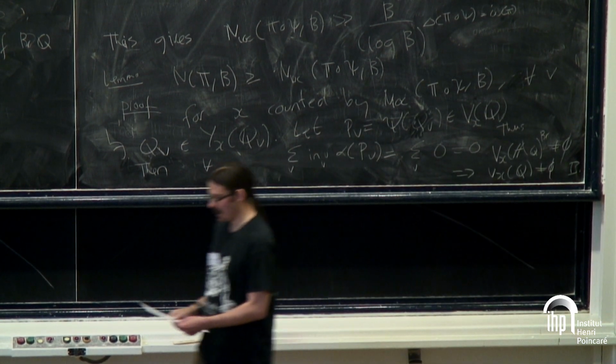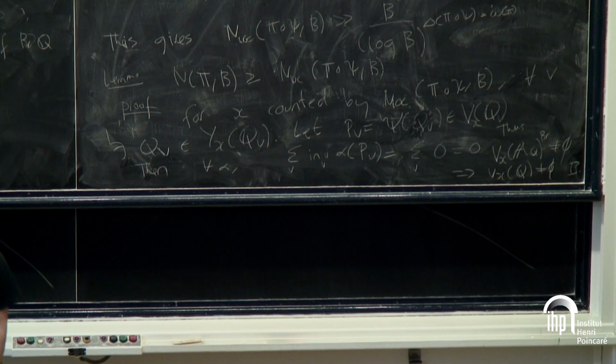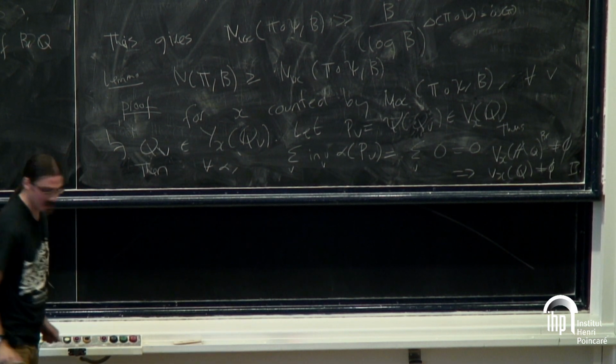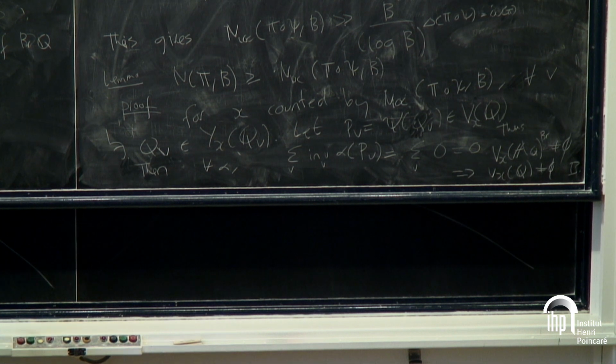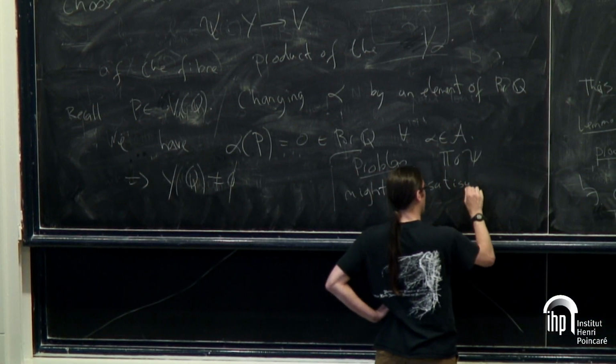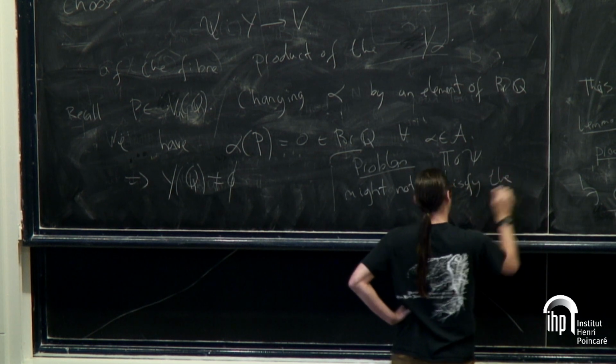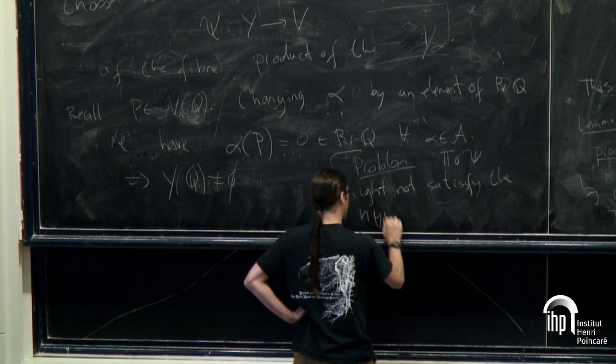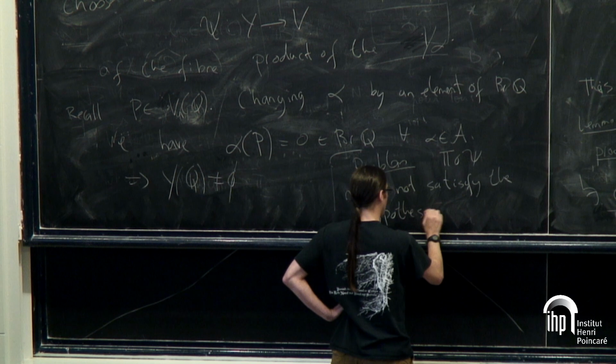And I'll briefly say a little bit more. As I was saying, this is the proof we wanted to do. But we don't do this proof because there's a serious problem: this composition might not satisfy the hypotheses of theorem 1.